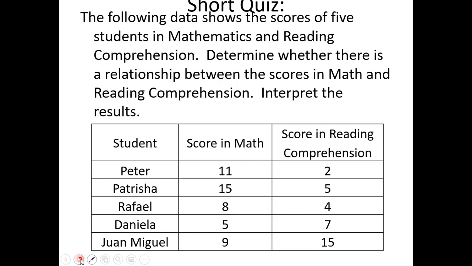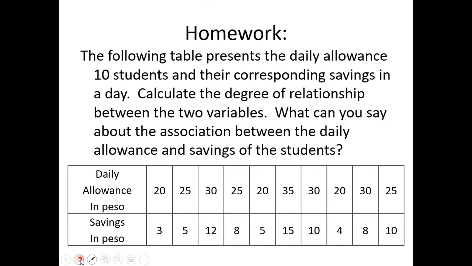And then, interpret the results. Then, you have also your homework. So, 10 students. So, the following table represents the daily allowance, 10 students and their corresponding savings in a day. Calculate the degree of relationship between two variables. What can you say about the association between the daily allowance and savings of the student?